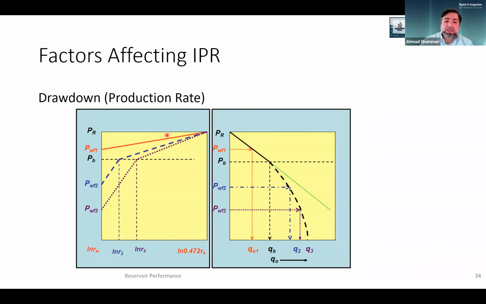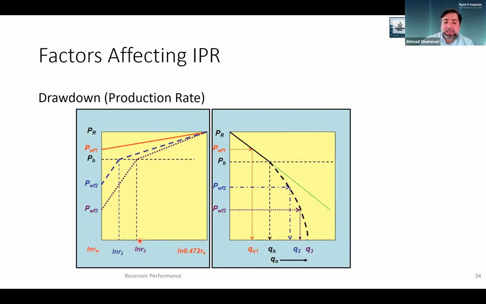Remember last time we said it was found that by Ln 0.472 RE, which is the extent of the reservoir or the drainage area or the drainage boundary limit, considering a circular drainage box or cylinder, at this point we assume that the flow bottom pressure equals the reservoir pressure.